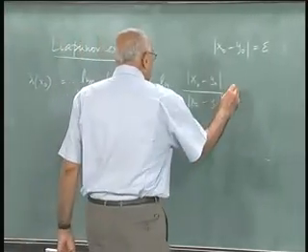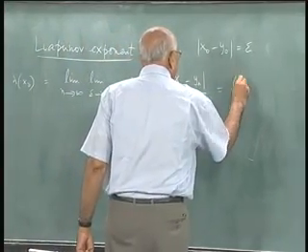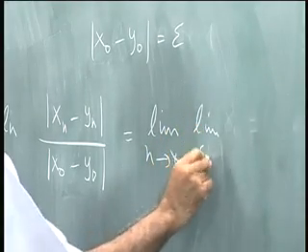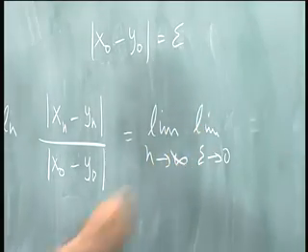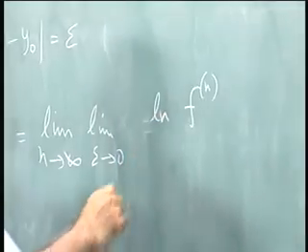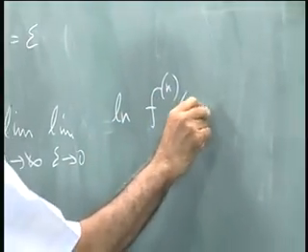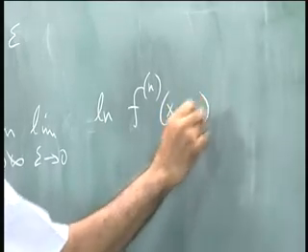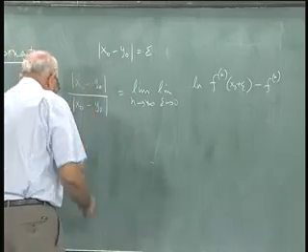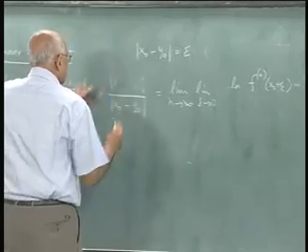But then you could also write this as equal to the limit n tends to infinity, limit epsilon goes to 0, of log f n of x naught plus epsilon minus f n. Let me write this just so that you don't get confused.